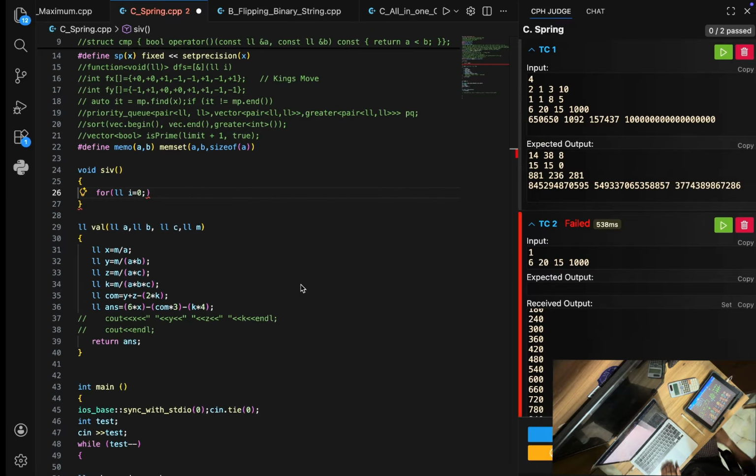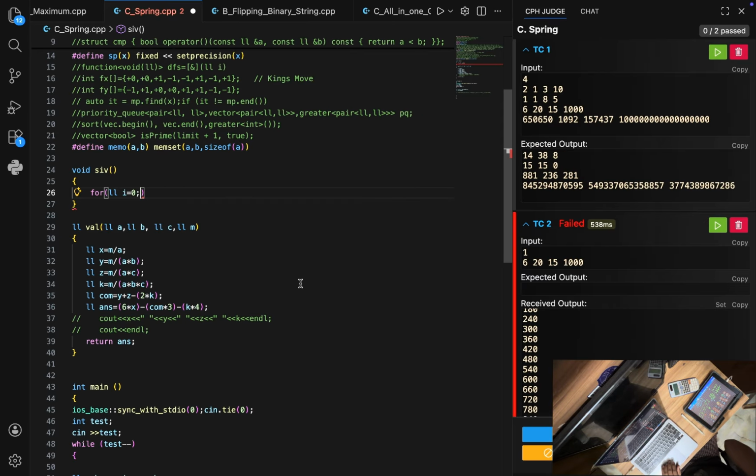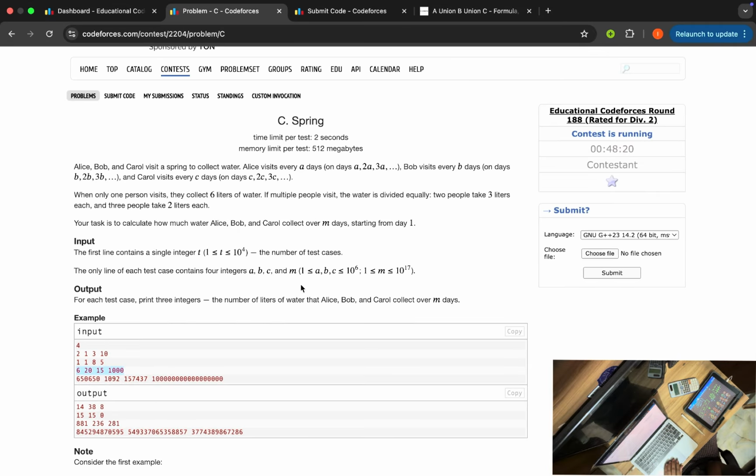A, B, C up to 10, 1 is 6. If I have all combinations, what will happen? Will it take too much time? I just need 2 and 3.